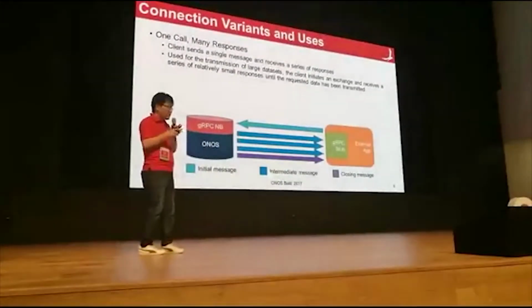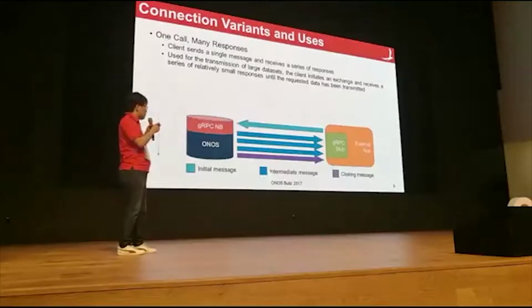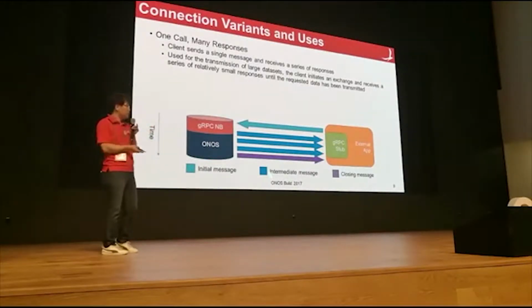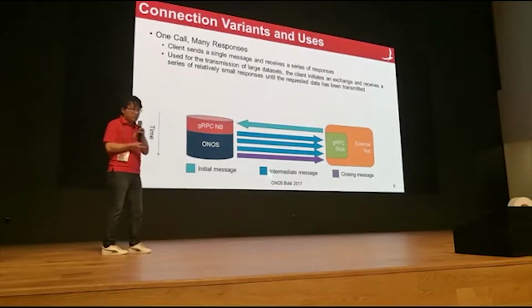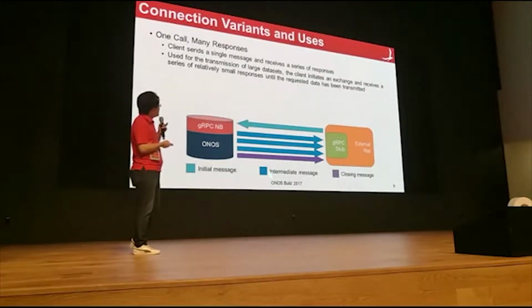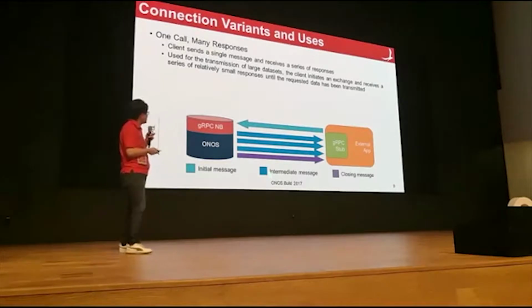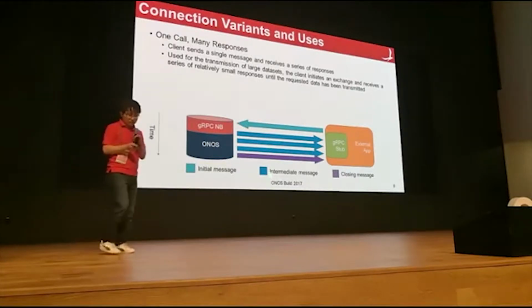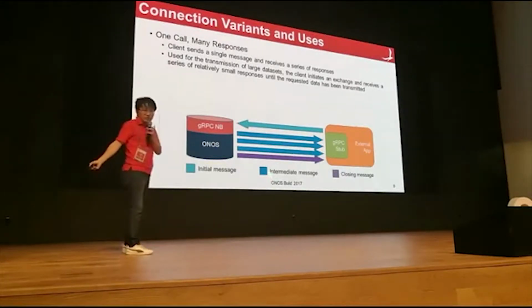For example, when we want to transfer a gigantic topology from ONOS to an external application, this type of transmission is very efficient. And even if we lose some data, ONOS can retransmit that part, so in terms of transmission it's very efficient.